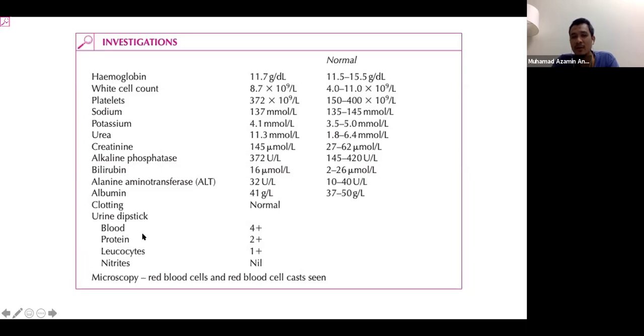You see more blood, more protein, but fewer leukocytes, because if the leukocytes are coming from the vessels, the molecular structure of the leukocyte is quite big to leak through the vessels. So that's why you see fewer leukocytes here.